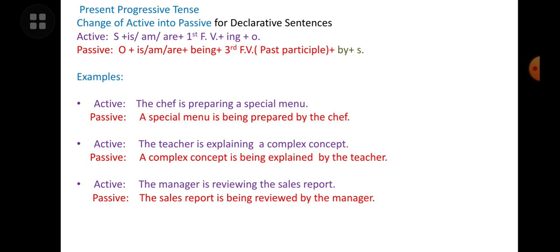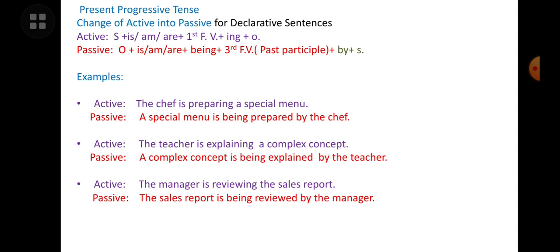The object of active voice, a special menu, will become the subject of passive voice. The verb will be changed into is being prepared. Then we put by and then the subject of active voice, that is by the chef. So the passive sentence will be: a special menu is being prepared by the chef.